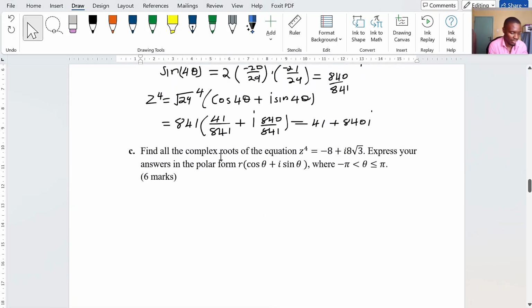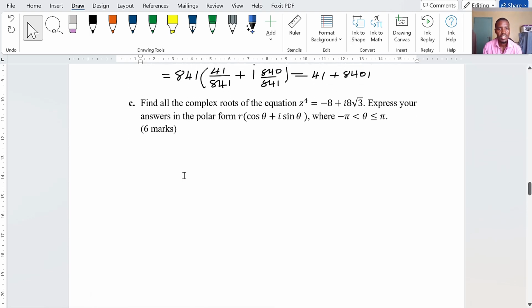Now C. C tells us to find all complex roots of the equation z power 4 equals negative 8 plus i8 root 3, and express the answers in polar form, r cos theta plus i sin theta.